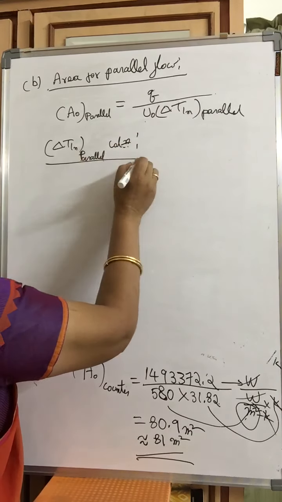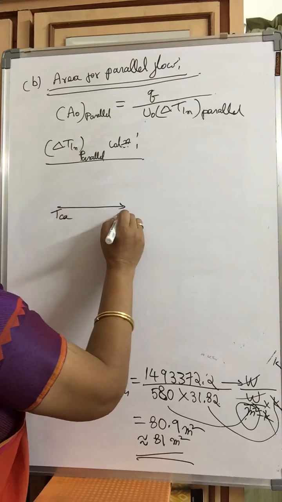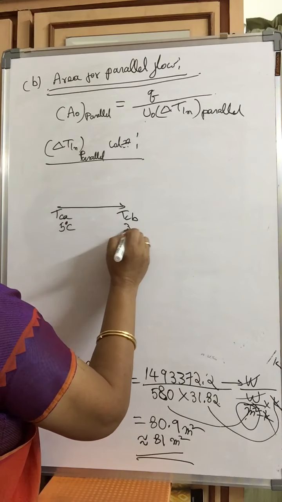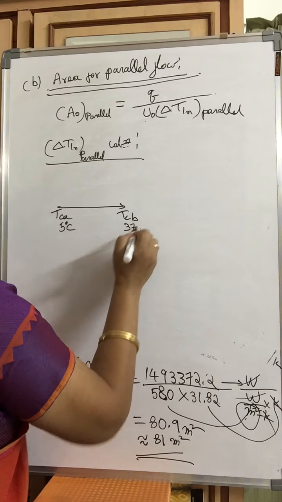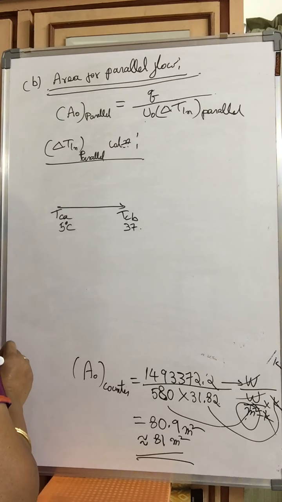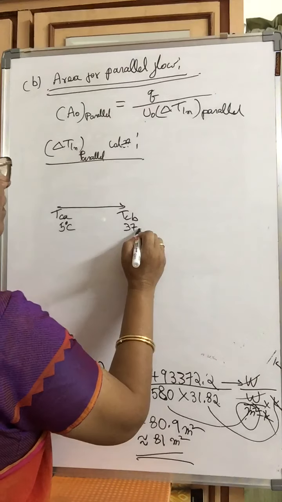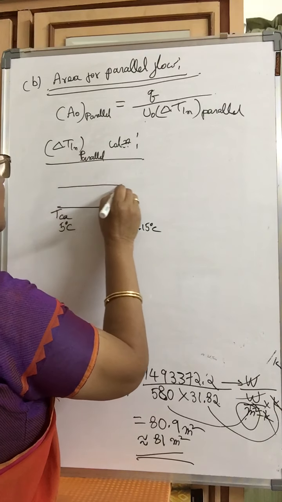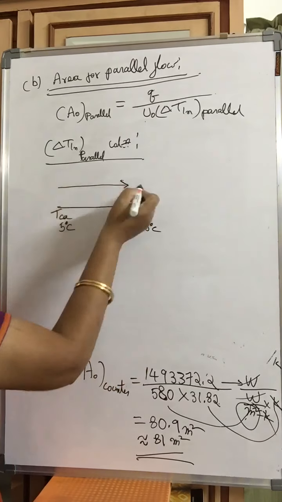Again draw like this. TCA, draw first for cold fluid. This is 5 degrees centigrade. This is 37.15 degrees centigrade. Draw another line because it is a parallel flow, same direction.